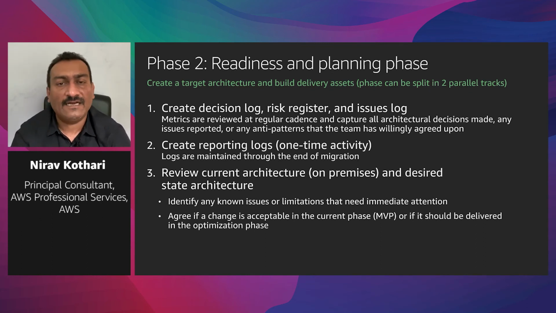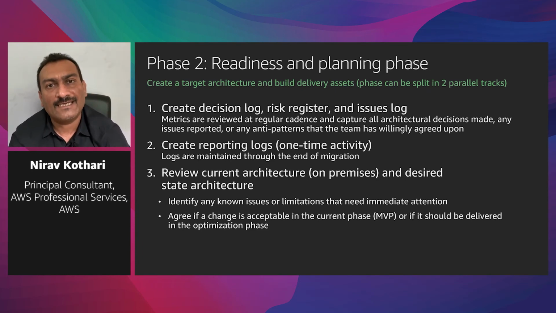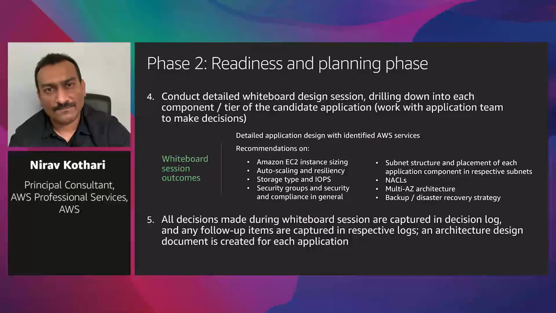Now, with every individual application, what you want to start doing is review the current architecture and start discussing, defining, and double-clicking into a future state or desired state architecture. To do so, if it's a business critical complex application, what we recommend is a whiteboard session.